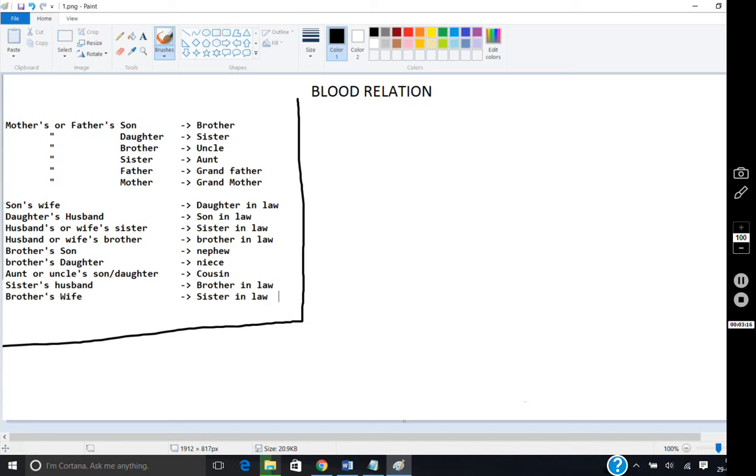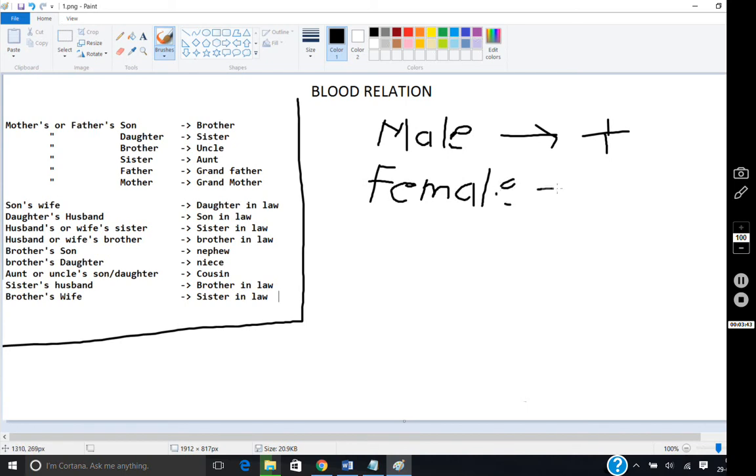Now, there are some rules regarding family tree. You have to denote male with plus sign. Female with minus sign.